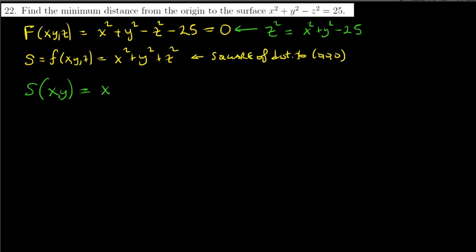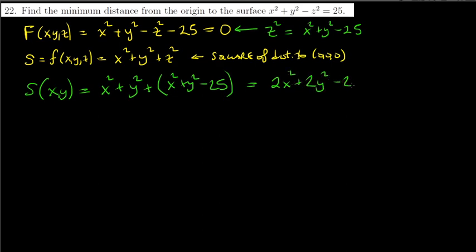And when you plug that into the function for s, the square of the distance, well, z squared is x squared plus y squared minus 25. Okay. And so simplifying it, you get 2x squared plus 2y squared minus 25. So let's see what happens, right? Now we find the critical points, right?